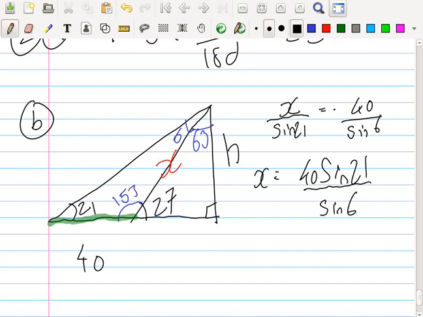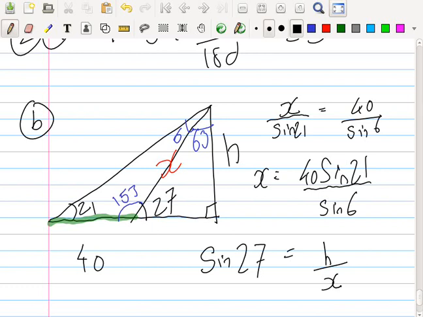So we know what x is now, right? So we can pretend as if x is a number. Now if I know x and I want the h, what's the name of this side in this right angle triangle? Hypotenuse. In this one? Opposite. So which do I use? Sine, cos, or tan? Sine. So sine 27, what will that equal? H over x.